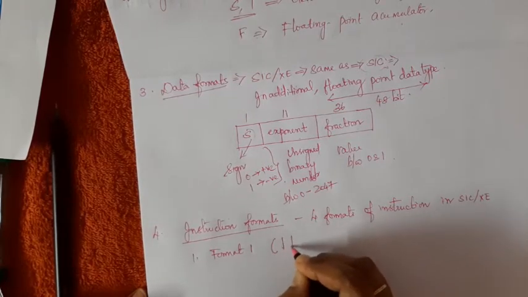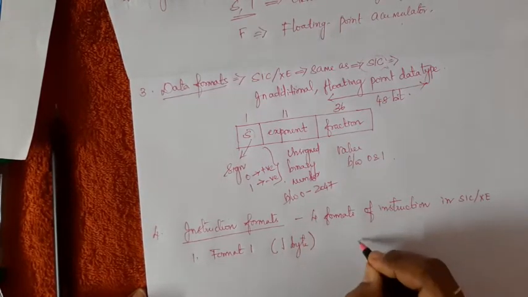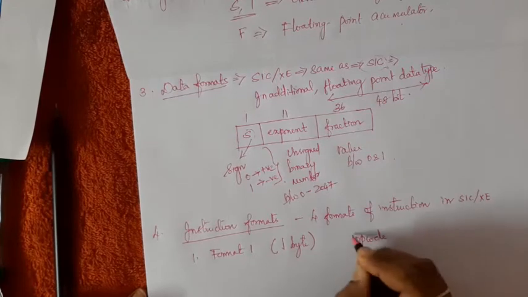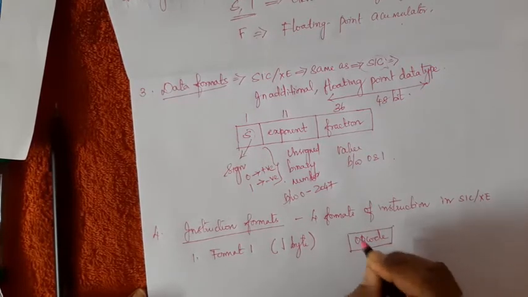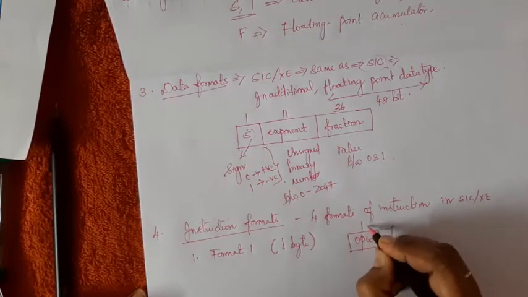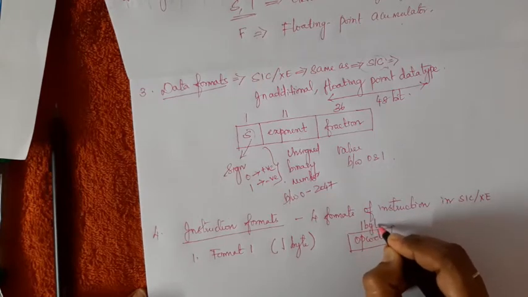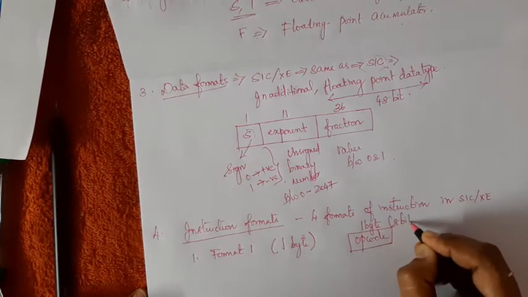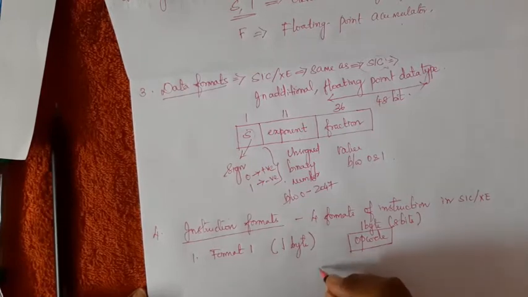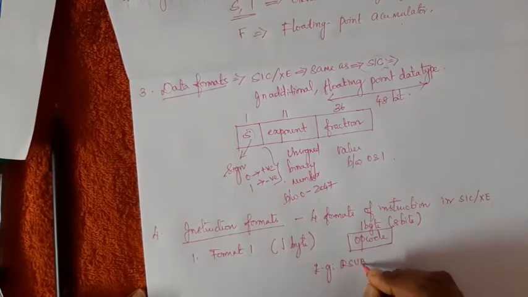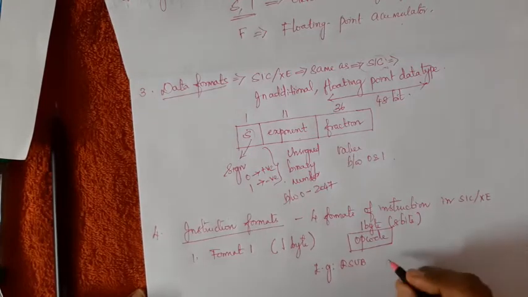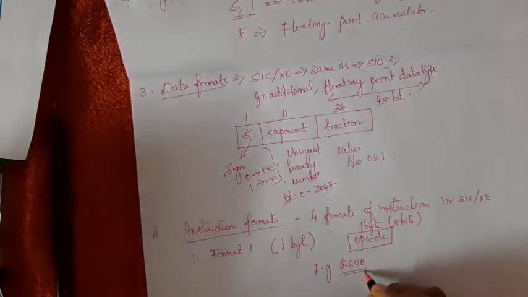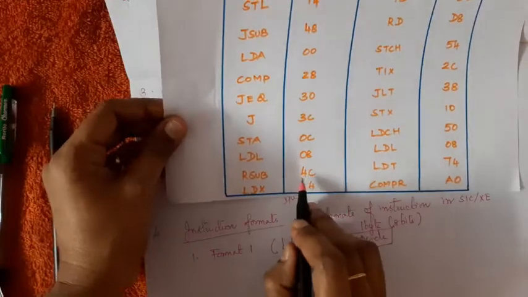It has 1 byte. The format would be opcode alone, and this opcode holds 1 byte, which means 8 bits. The example we can say is RSUB, return from subroutine.